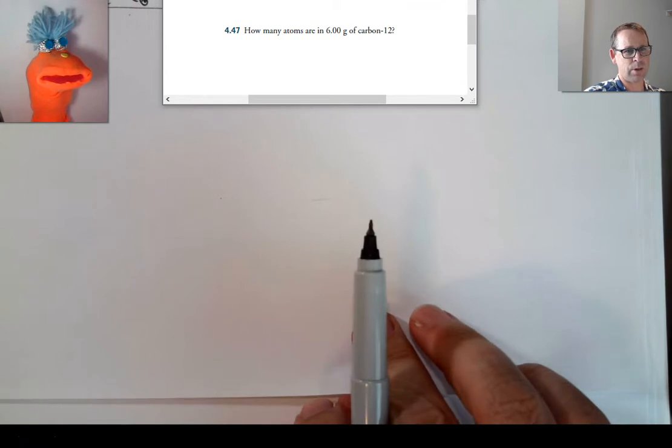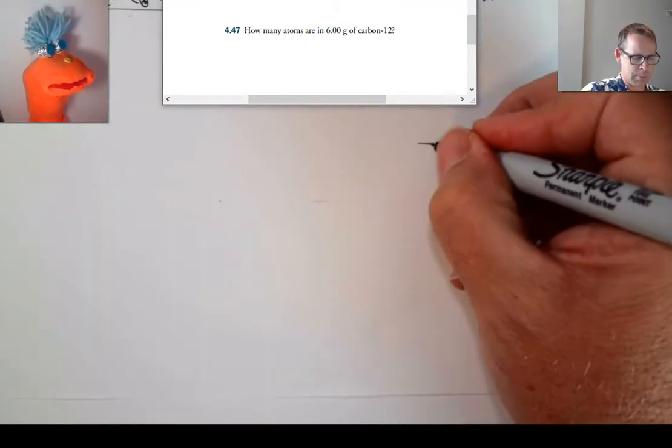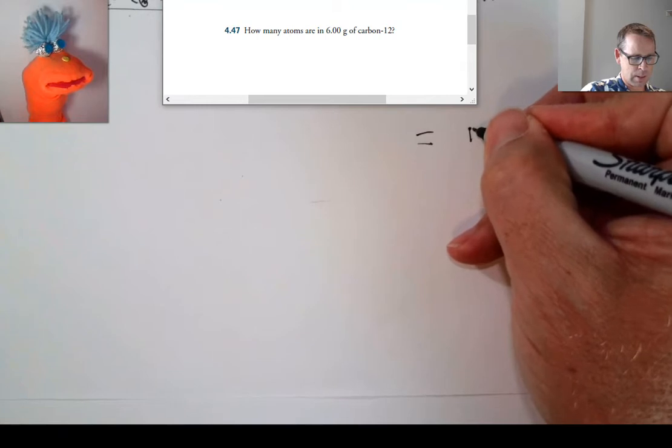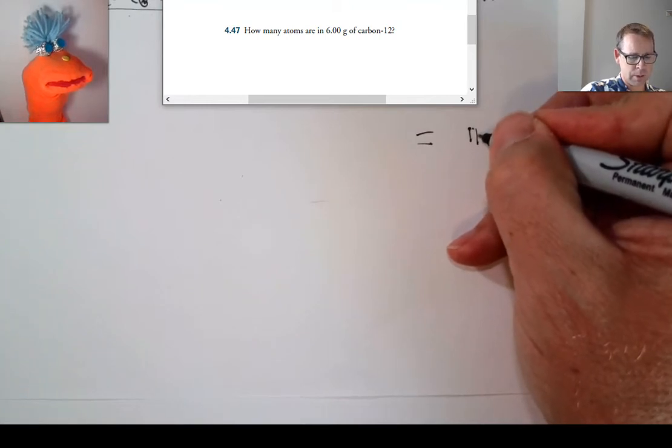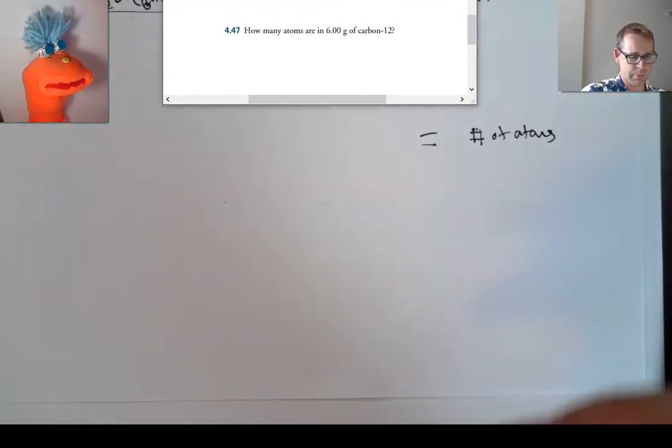All right, so how about this one? How many atoms are in 6 grams of carbon-12? Could we put the atoms at the right of the equal sign? Yeah, that seems to be very easy, right? What is it? How many atoms? So number of atoms are in 6 grams of carbon-12.